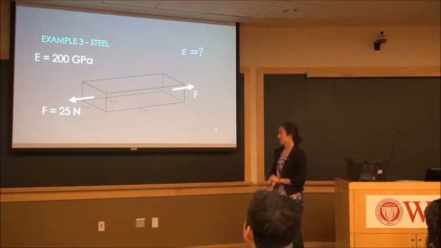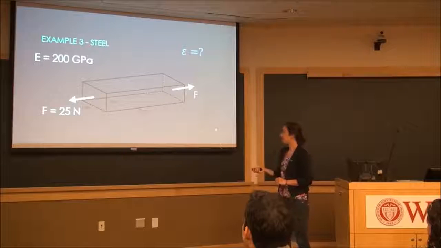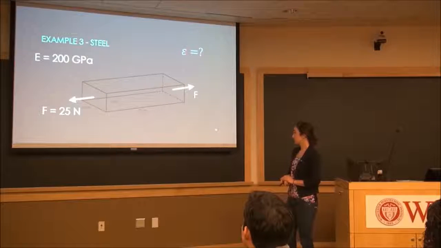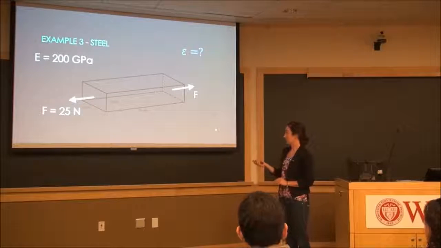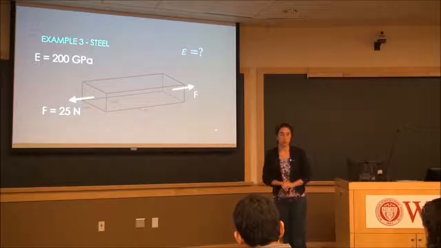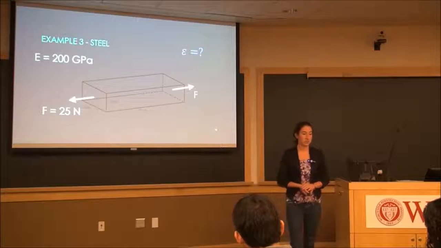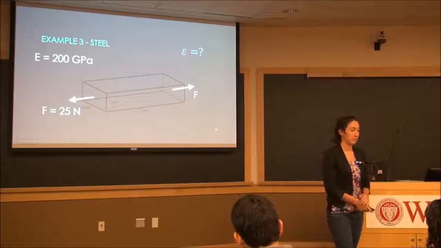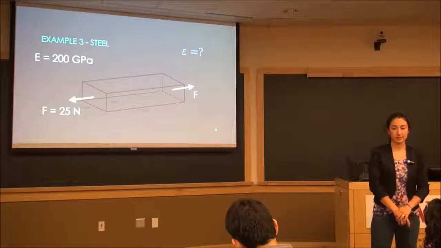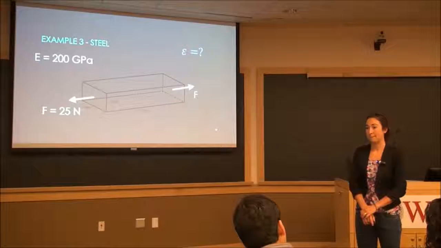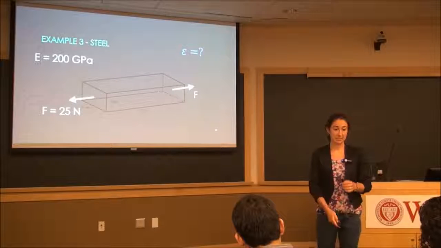I have one more example for you here today. Now, using Hooke's law, what is the strain undergone by this material? The same dimensions as the specimen before, same force. Yes?